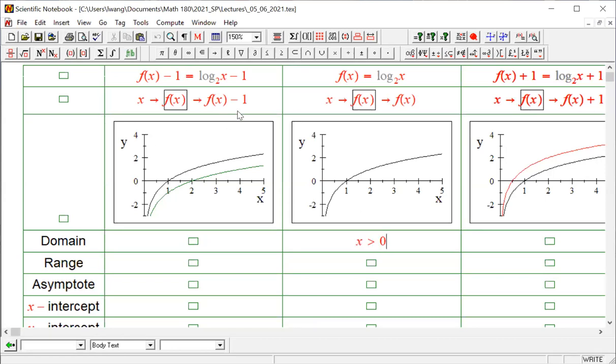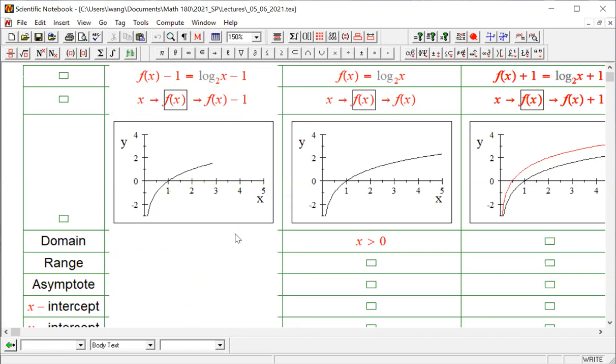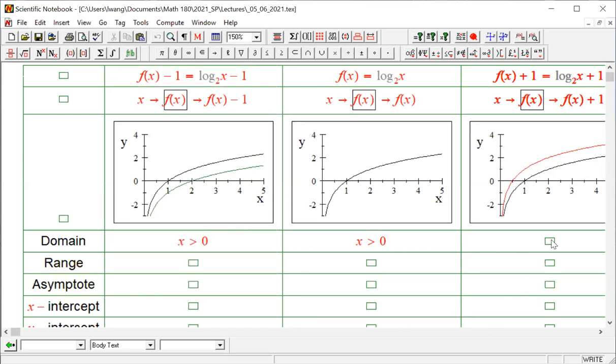How about log base 2 of x minus 1? It would be the same. That's right. They're all the same because in all of these three cases, we process the rule of the function first, and we only add one or subtract one on the output.